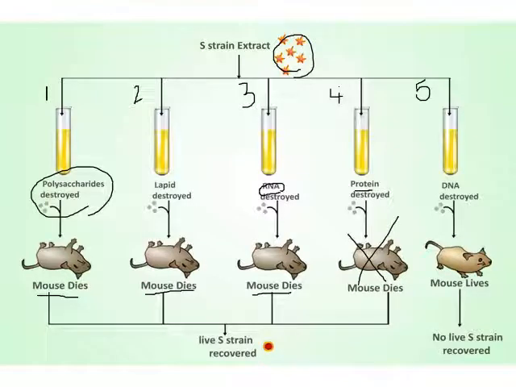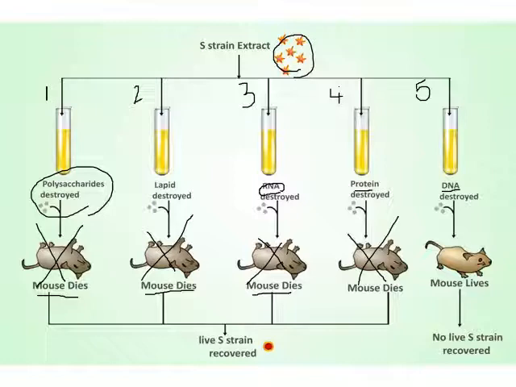So far, polysaccharides don't transform R. Lipids don't transform R. RNA doesn't transform R. And proteins don't. The one thing left, DNA. Go through, added DNase. DNase will chew up what we now think of as the double helix.